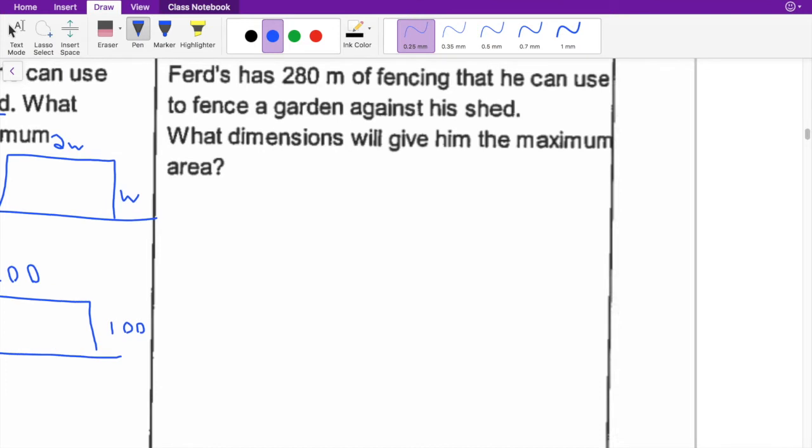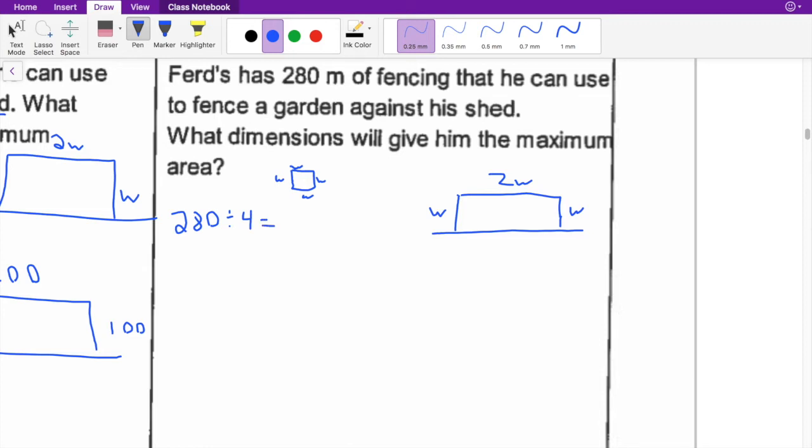Ferd either has too much fencing or too many animals, and he's building another fence. Same idea. 3-sided. So we have a width, and a 2 width. And this time we have 280 meters of fence. Right? If we think back to our box, we would get 4 W's out of this. So let's divide this number by 4.